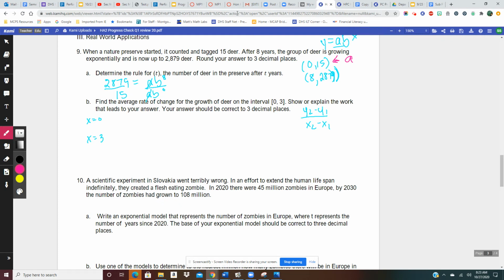Equals b to the 8th. So to get rid of this, I'm going to take it to the 1/8 power.